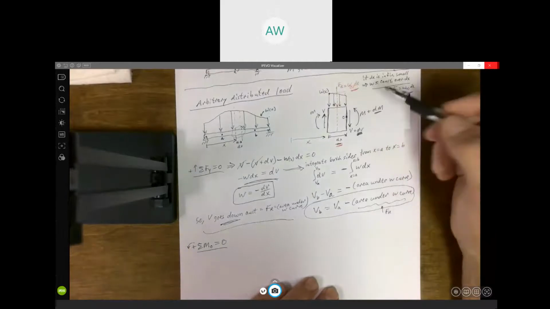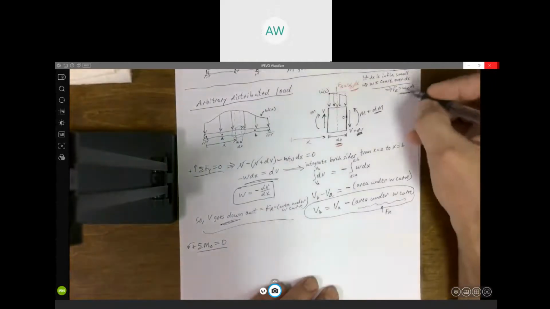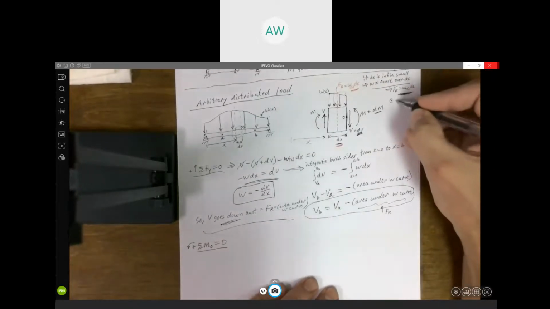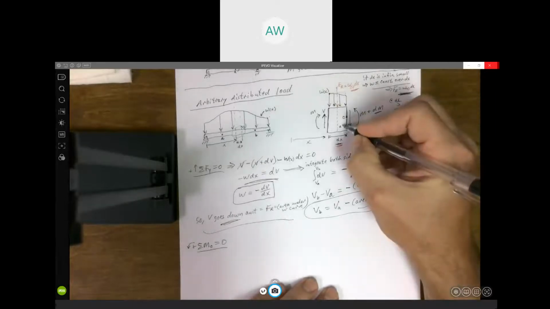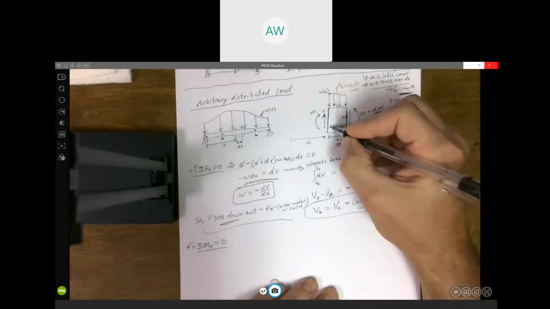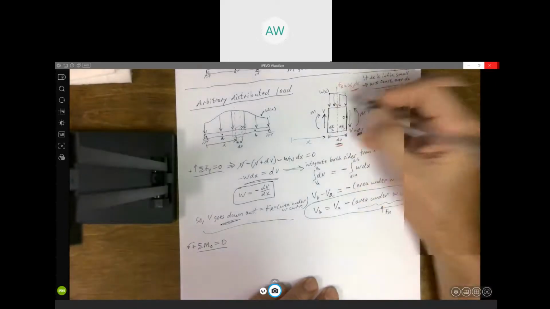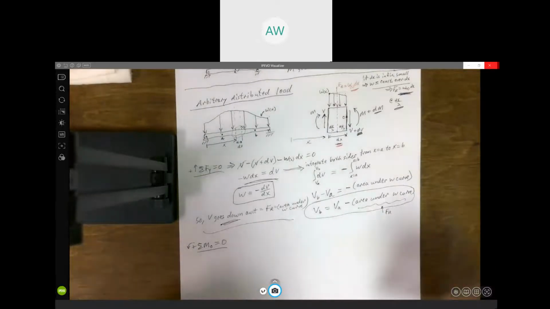But for a rectangle, the centroid is right in the middle, halfway. And so not only do we know the resultant force, it's going to act right in the center, dx over 2. That's where our resultant force acts. All right, so now let's sum the moments.